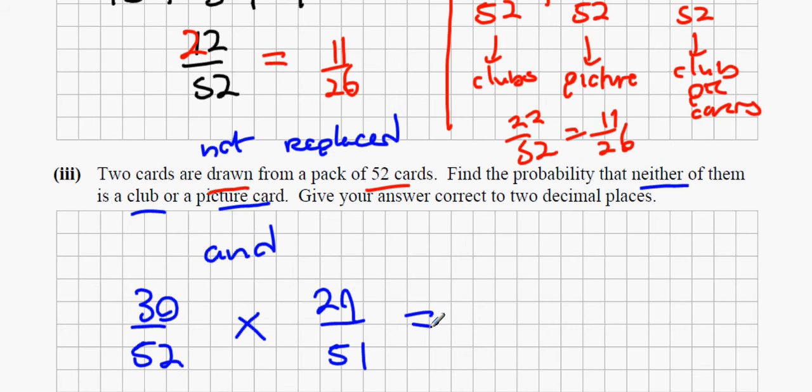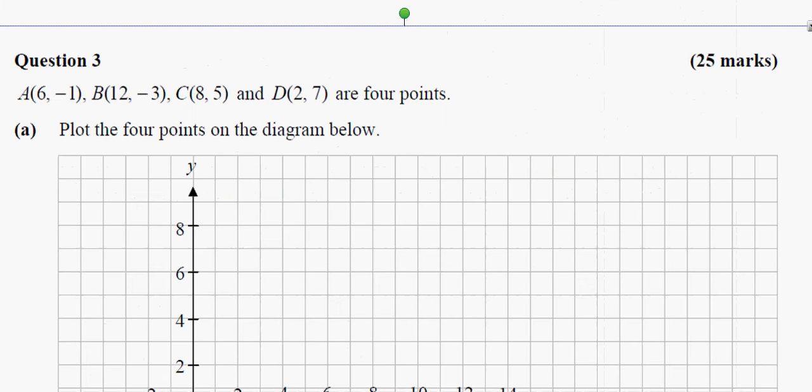So it's going to be 30 over 52 multiplied by 29 over 51. It wants it to correct 2 decimal places. So the answer I'd get here is 0.328, and that will correspond up to 0.33. Okay. Next one. Plot the 4 points on the diagram below.